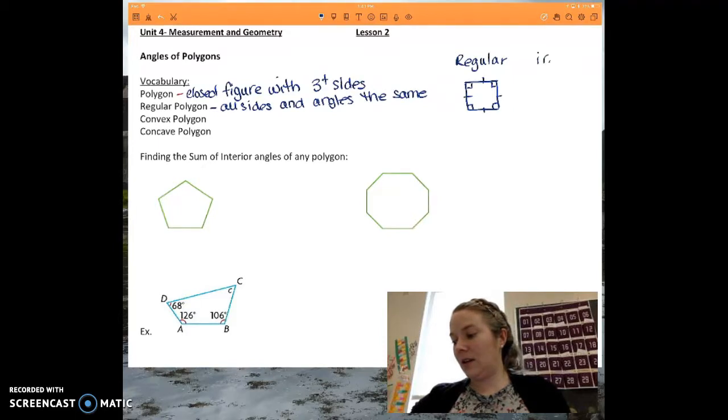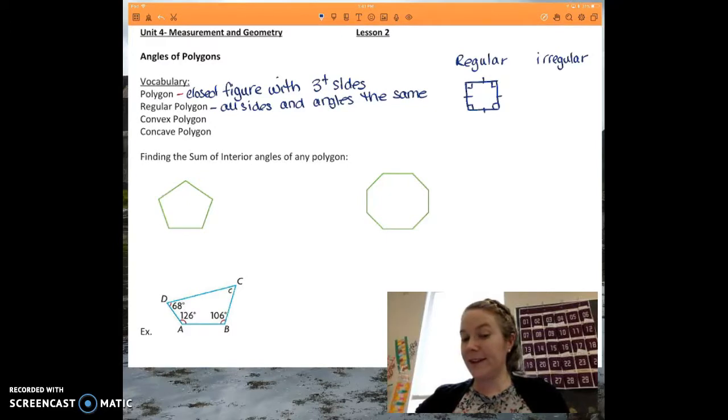And irregular, a rectangle is irregular because 2 of the sides aren't the same, but we could have a 4-sided thing like that. That's irregular. When we're looking at something like a pentagon, we could have a pentagon like that.